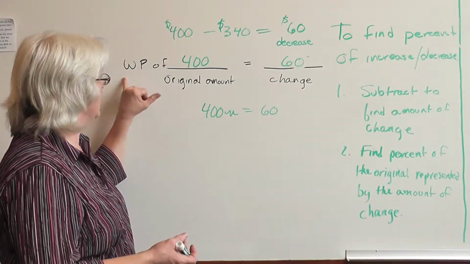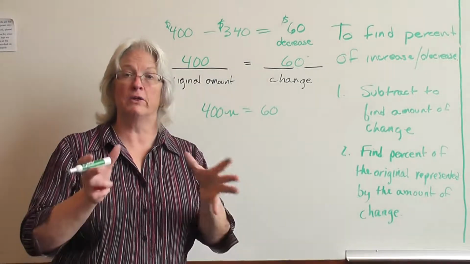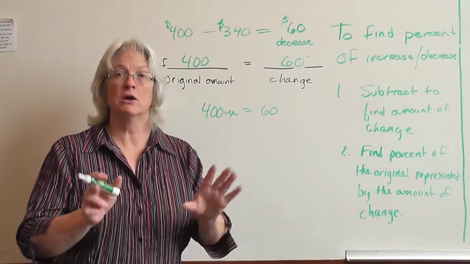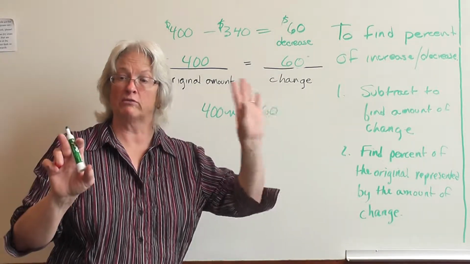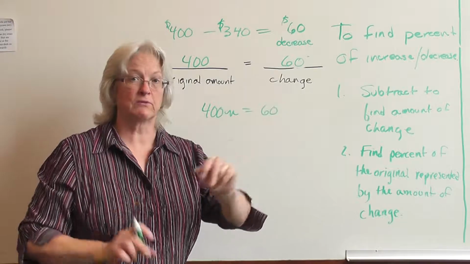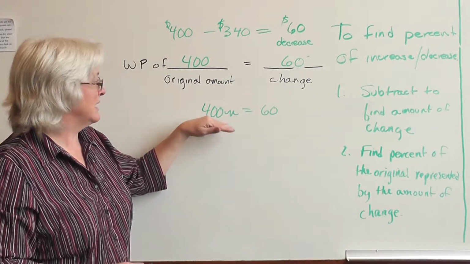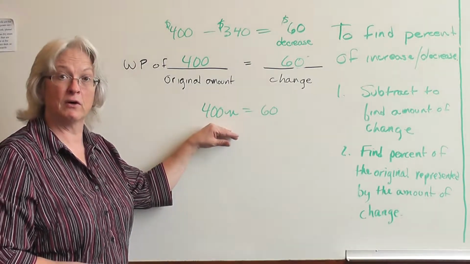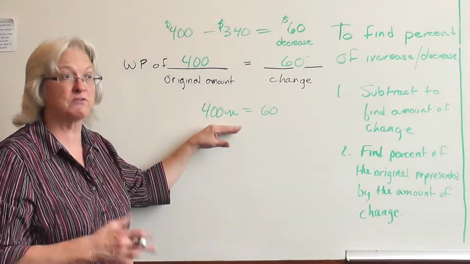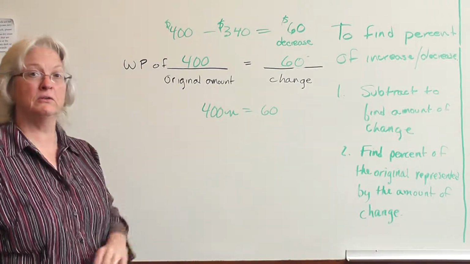It says n times 400. And you know that multiplication is commutative. You get the same answer whether you say 400 times n or n times 400. This is how we, in algebra, typically indicate multiplication that involves a variable. We don't go n times 400. We say 400n.